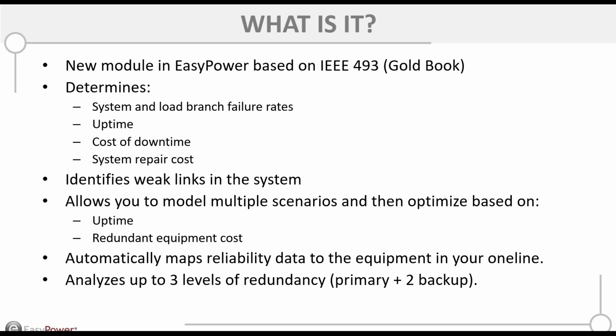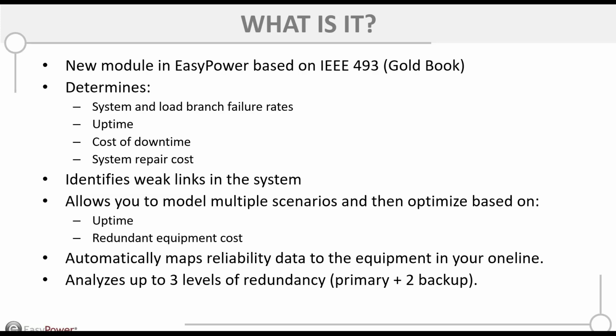One of the things that we do with the Annex Q data is we automatically map it to the equipment in your one line. We've tested this module on some sample files that have 6, 8, 10,000 buses. It would take you an awfully long time if you had to go through each one of those and reference Annex Q and add that data in.